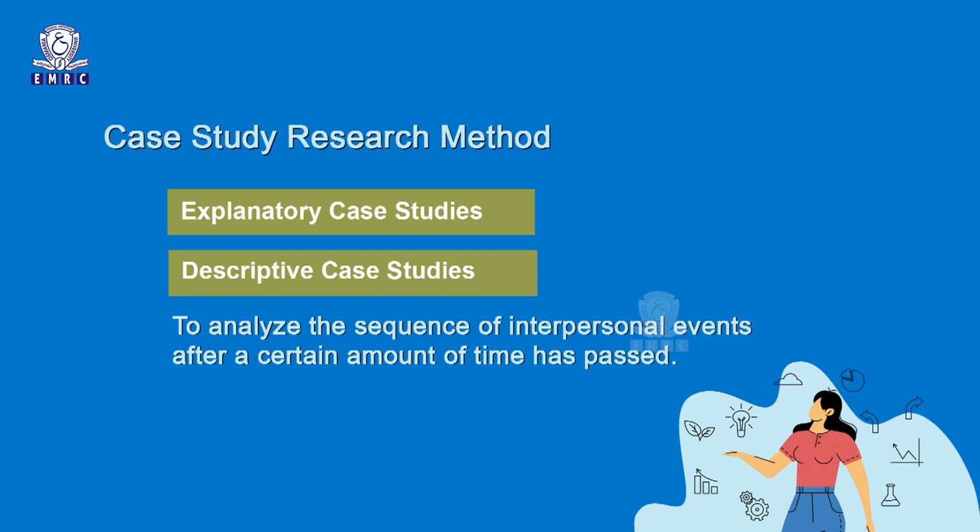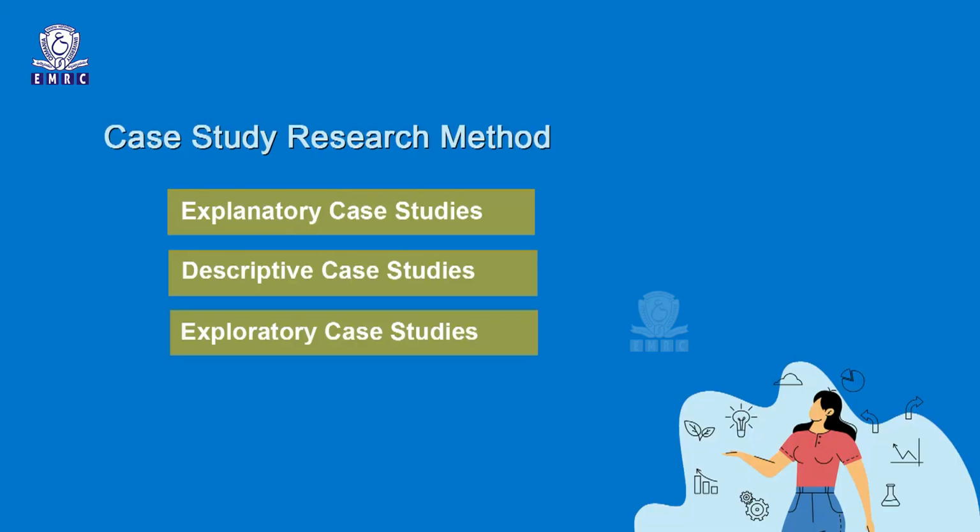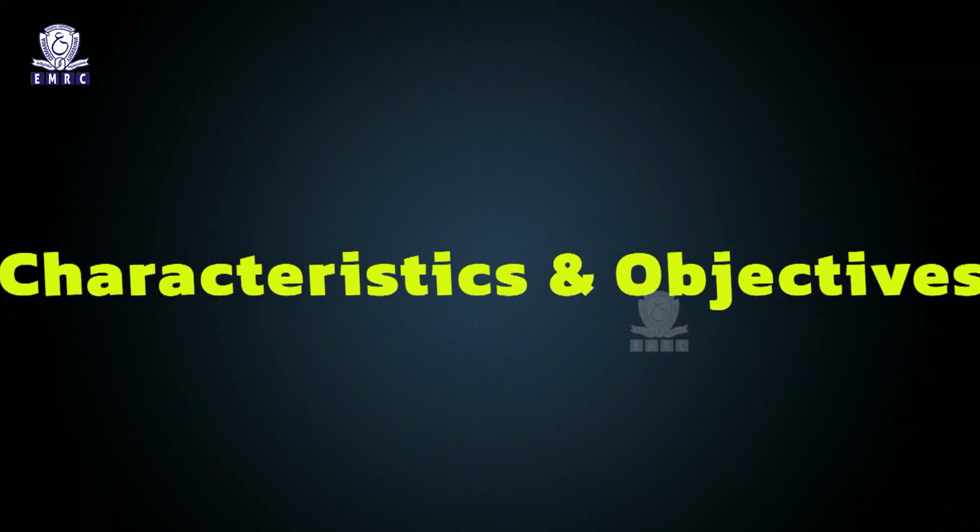Case studies belonging to this category usually describe culture or subculture and they attempt to discover the key phenomena. Exploratory case studies aim to find answers to the questions of what or who. In exploratory case study, the data collection method is often accompanied by additional data collection methods such as interviews, questionnaires, experiments, etc.